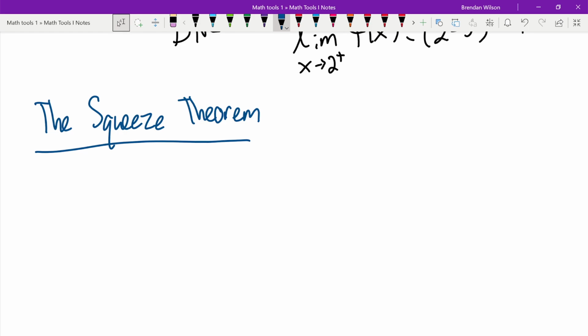So the final technique for solving limits that we're going to look at is called the squeeze theorem. First, let's go ahead and state the theorem.